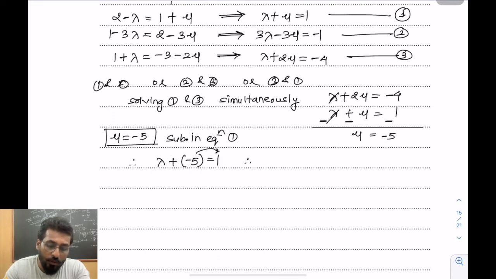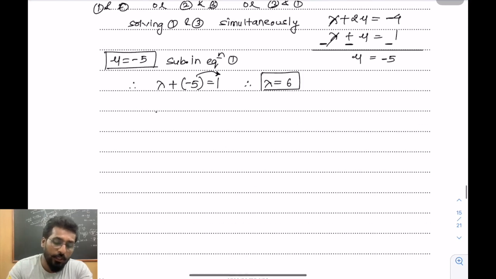So minus 5 goes on the other side. You get lambda equal to 1 plus 5, which is 6. So lambda has come 6. Therefore, lambda is 6 and mu is minus 5.